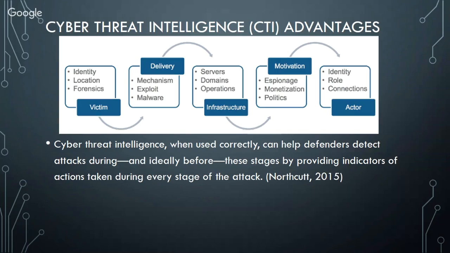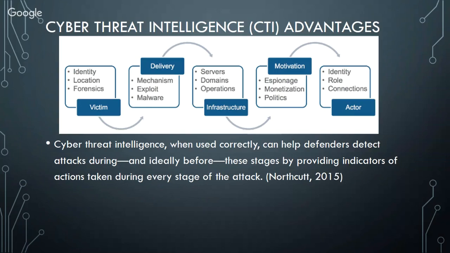So what CTI can do is give you specifics on a victim, their identity, their locations, the delivery, what exploit or mechanism they used, the infrastructure, and what they use it for. Did they do any escalation of privileges? Did they compromise the domain controller or anything like that?